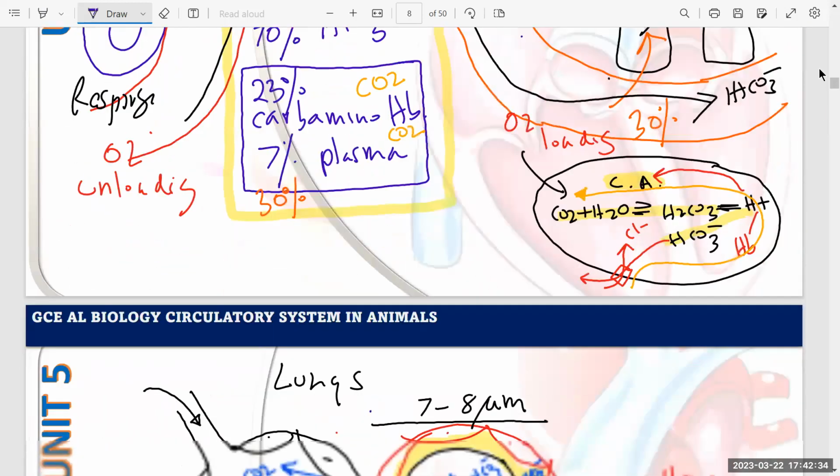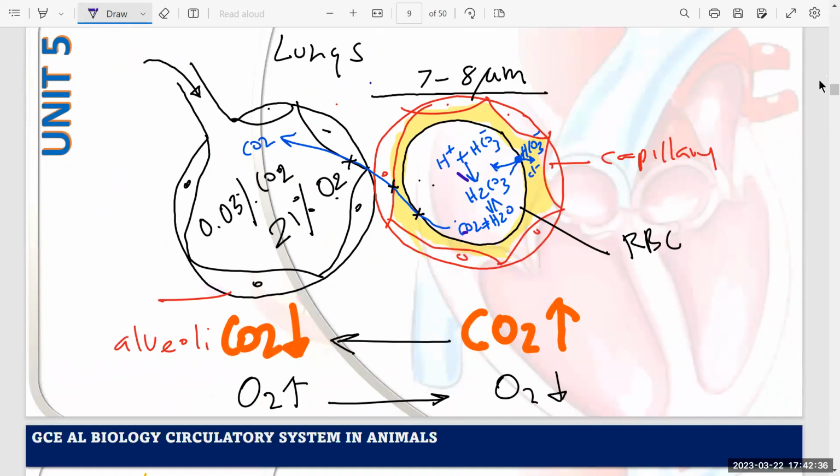That happens in the lungs now. So there are two different places: one is muscle, the respiring tissue, and the other is the lungs, the gas exchange system. The reaction goes in one direction in respiring tissues and in the opposite direction in the lungs. Carbon dioxide converts into bicarbonate ion in respiring tissue.